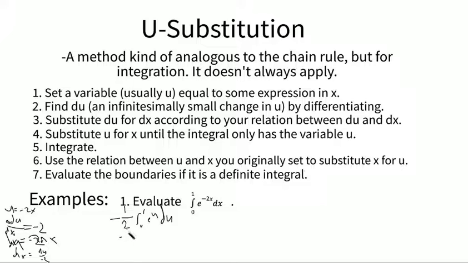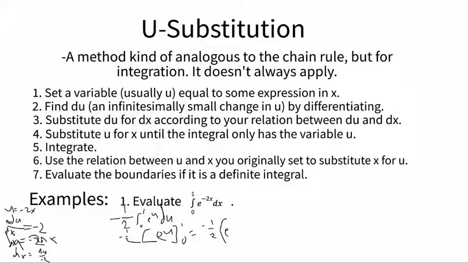So we have negative 1/2 out front, and e to the u as the antiderivative, evaluated at 1 and 0. So this is just going to be negative 1/2 times e to the u.